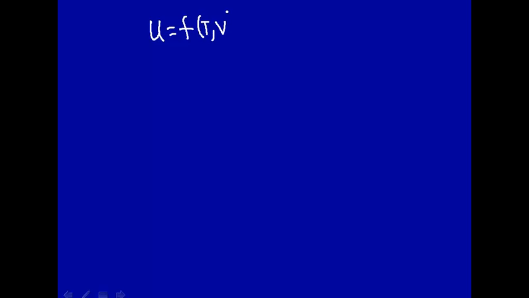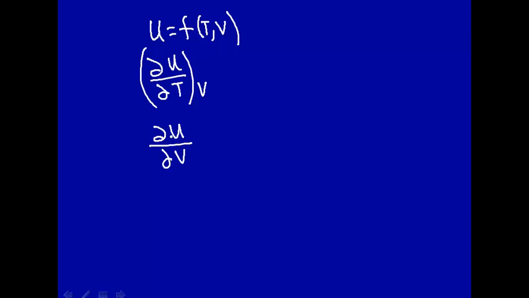So we can take the derivative of U with respect to temperature, and I'm using this symbol because we have a function of more than one variable, at constant volume, or we can take the derivative of U with respect to volume at constant temperature.